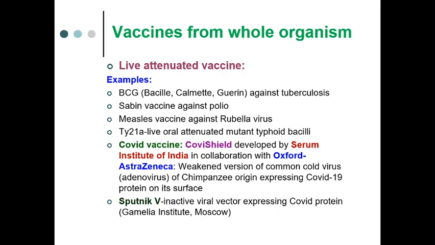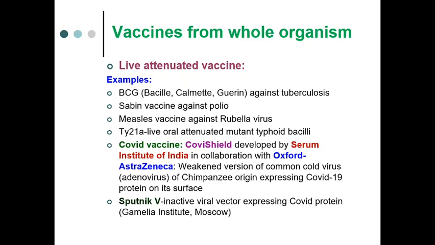Since a live attenuated adenovirus is used, it can also be given as an example of a live attenuated vaccine, but it strongly comes under the example of subunit vaccine because the actual COVID virus, attenuated COVID virus, is not used here.